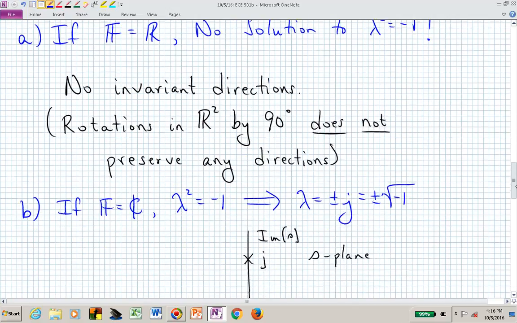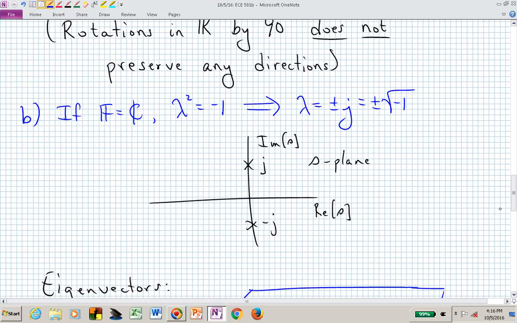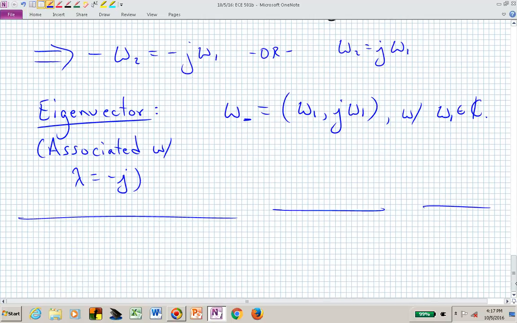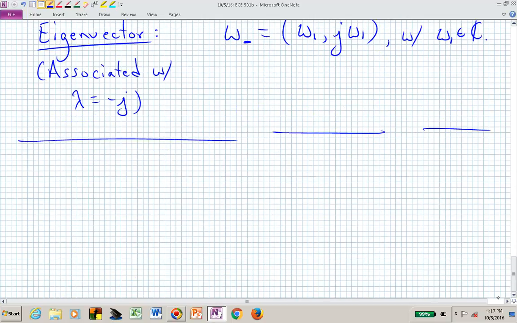But if we expanded that to be the field of complex numbers, we were able to identify these conjugate eigenvalues of plus and minus j. No real part, but purely imaginary. That's going to conclude our example.